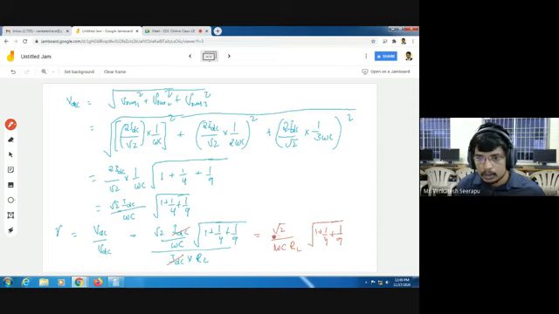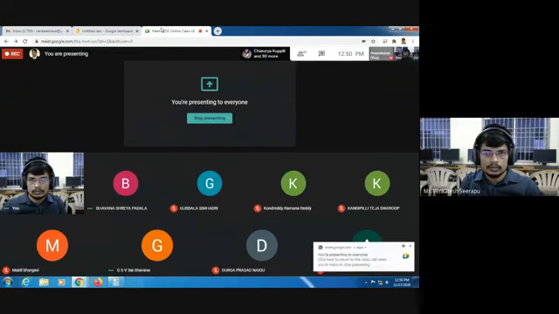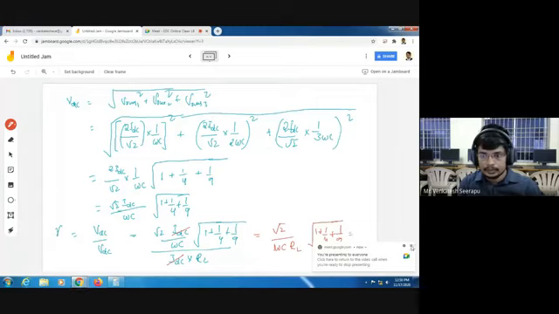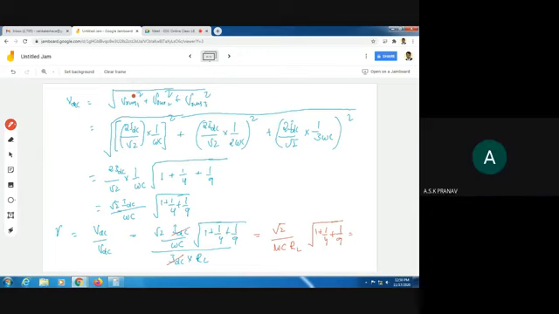Can anyone find the value of root 2 into root of 1 plus 1/4 plus 1/9? Sir, 1.64.